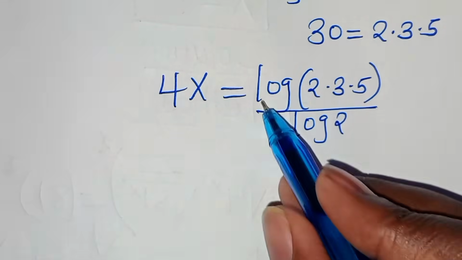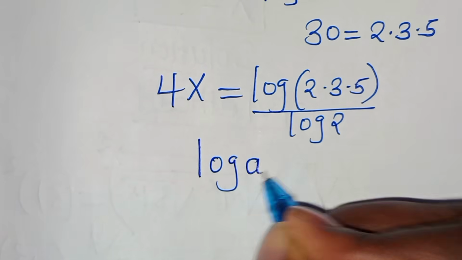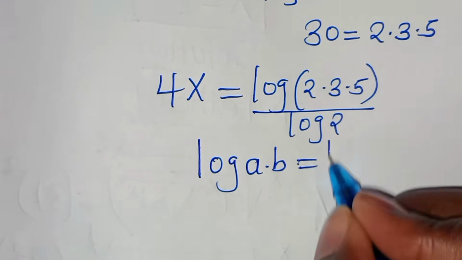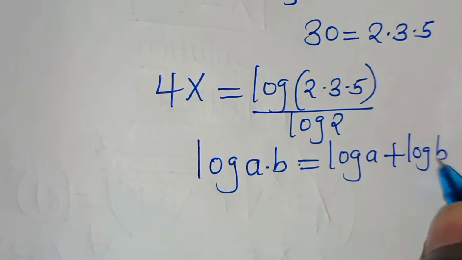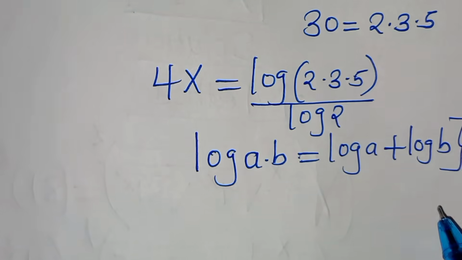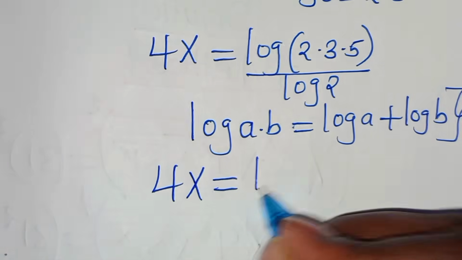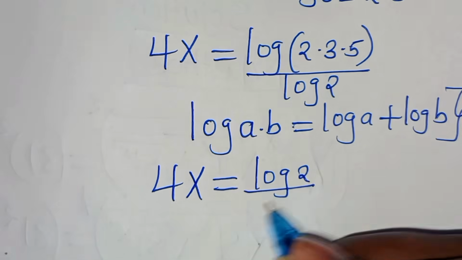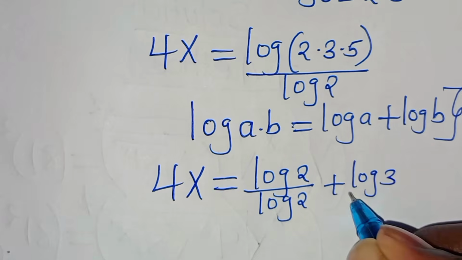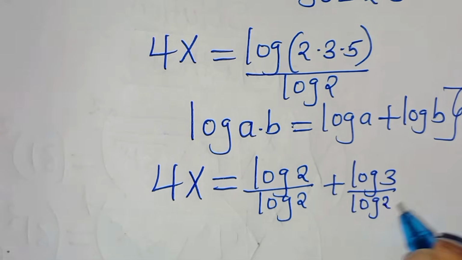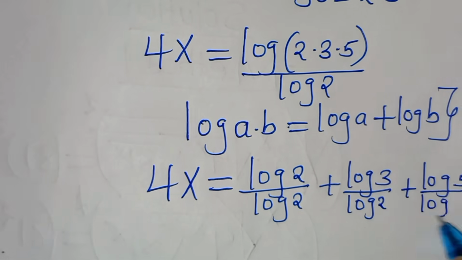The next step is that log 2 times 3 times 5 is in the form of log a multiplied by b, which can be expressed as log a plus log b. Now, applying this logarithm property, we have 4x equal to log 2 divided by log 2, then plus log 3 divided by log 2, then plus log 5 divided by log 2.